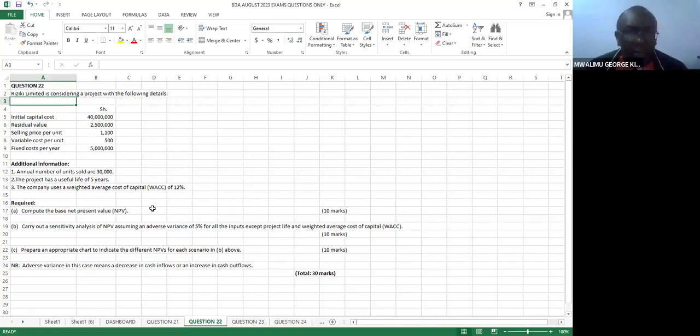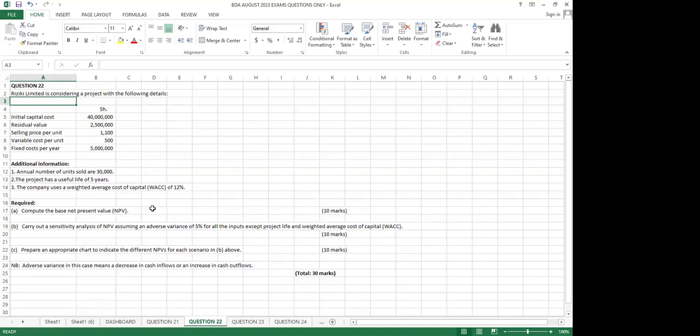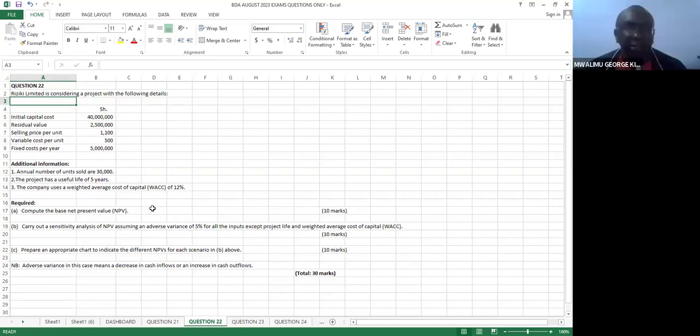Okay. Yeah, but I don't think we have computed the present value of annuity. Have we? No, we haven't. So it's still unique. Maybe what we can do, let's quickly go through it, so that we are also able to see how to compute the present value of annuity.